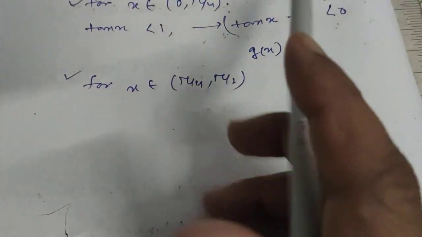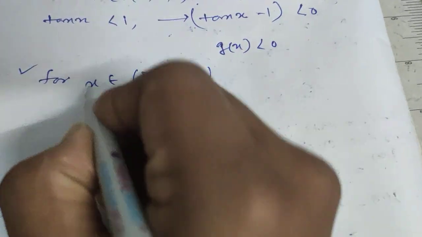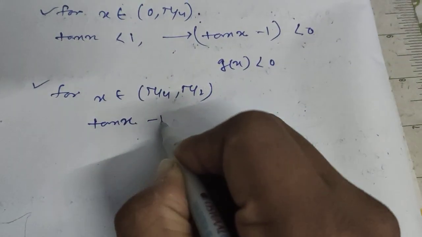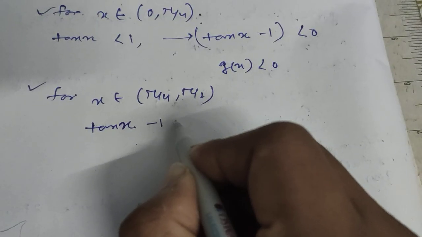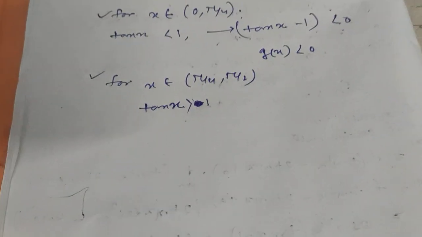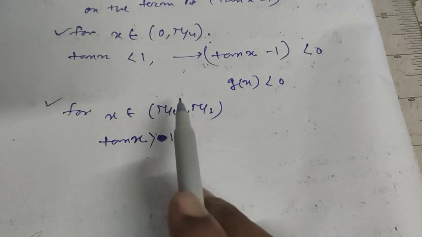Okay, so now tan x minus 1, like tan x is greater than 1 always in this range, right?